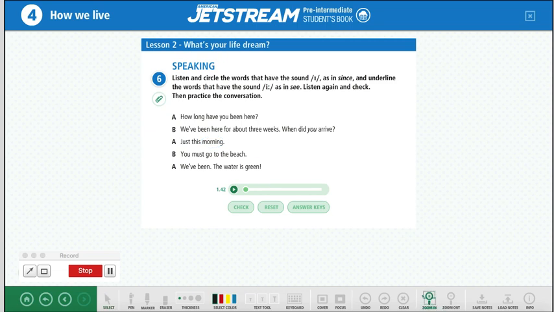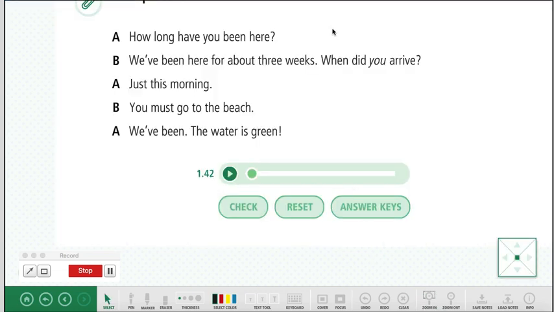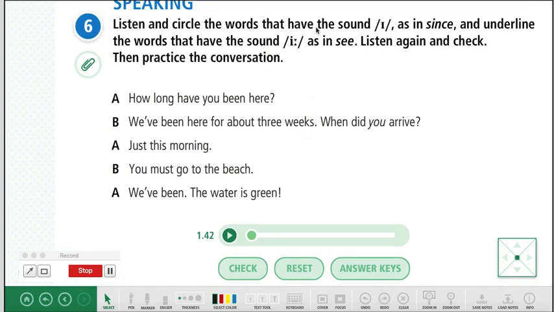But in the program, if you notice very well, with your mouse, you can click here if you want to circle the word, for example, bean. If I think this is the E sound like bean, like since, I'm going to circle it, right? So click here, like above it. If I don't want to circle it, if I want to underline the word, I can click below like this, okay?